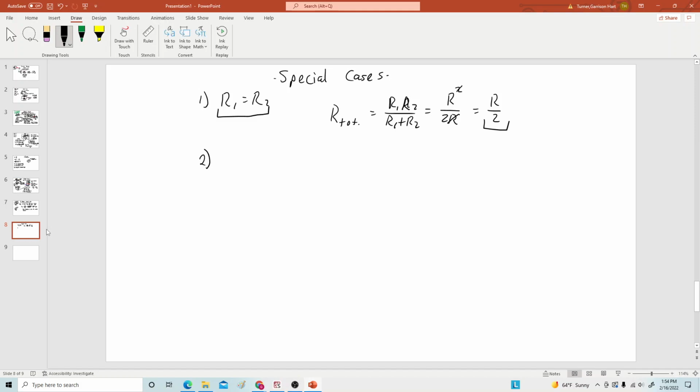In the second case, what happens if R1 is much larger than R2? So, for example, if I had, say, 1 million ohms, and this was 10 ohms. What would happen in that case? So in the extreme where one is far larger than the other one in terms of its resistance, then our total would do this.